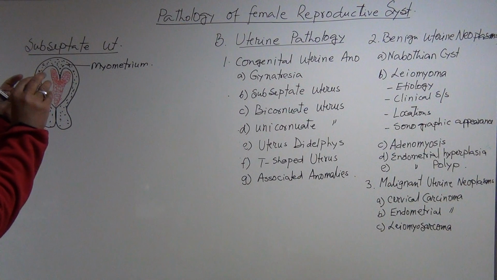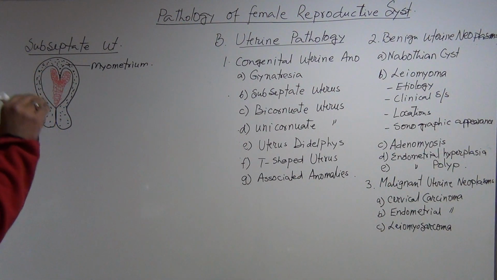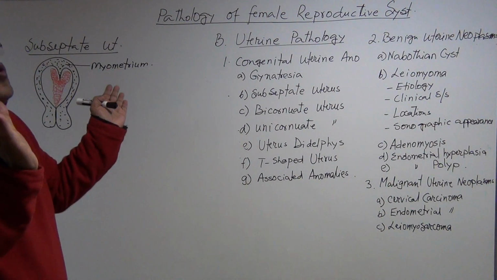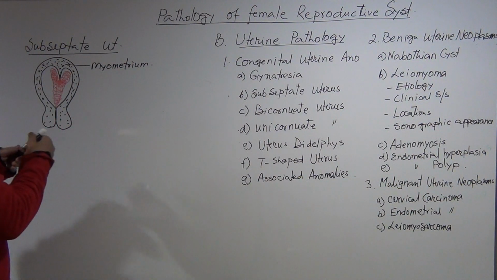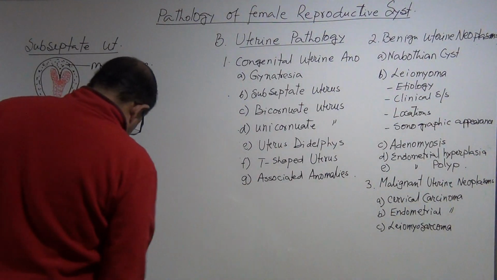You will see the endometrium is wider and the two wings are like this. And you will see the myometrium.